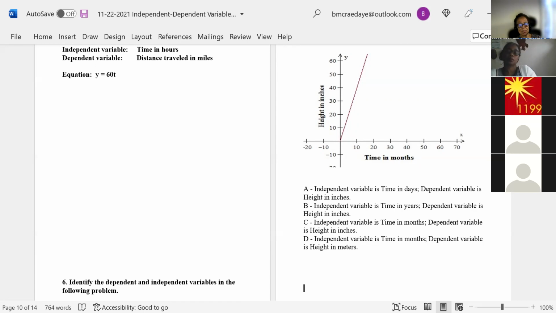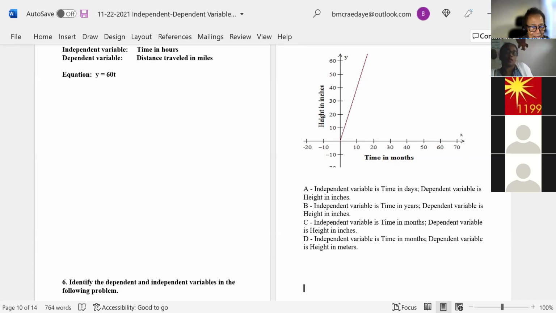Which one is the dependent variable? The height in inches or the time in months? It's either time in months or height in inches. So what is the dependent variable?